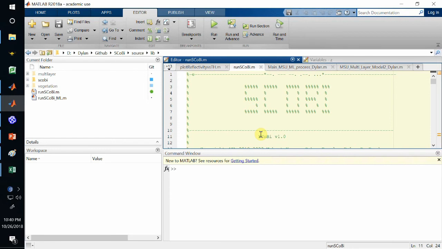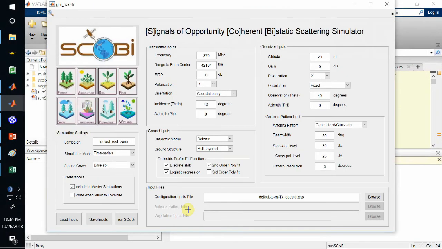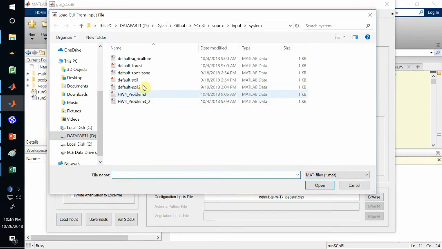All right, everybody. So now we're ready to take a look at the inputs for our root zone soil moisture profile. So I'm going to go over here and give run SCoBi.m an old run. And we're going to click on the root zone simulation to pull those values up. I've got the default root zone inputs file loaded, which you can do by clicking on default root zone.